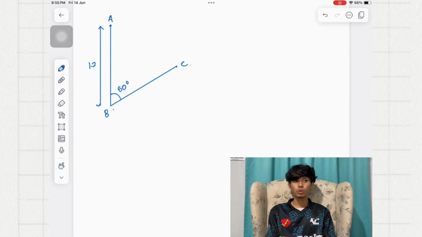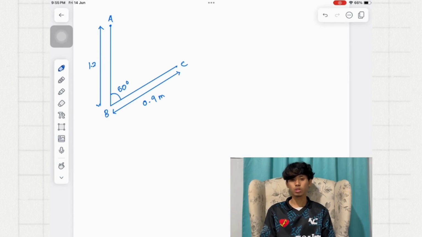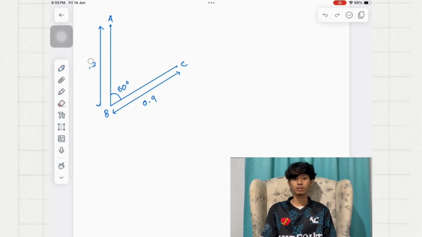Then we make an assumption: point A to B, which is the first rod, has a length of 1.2 meters, and the second rod, from point B to point C, is 0.9 meters. This is all an assumption. We discussed with our group members to set the length of each rod and also the angle. The velocity of B is constant.